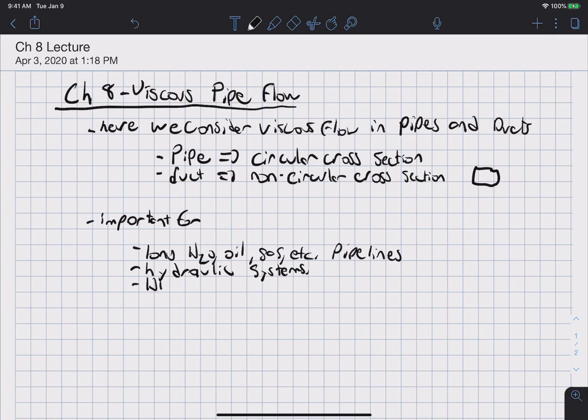You can use it to analyze HVAC systems. And water lines, pumping requirements, etc.